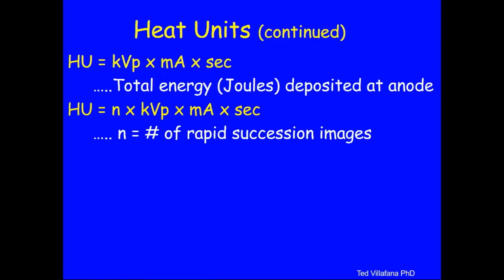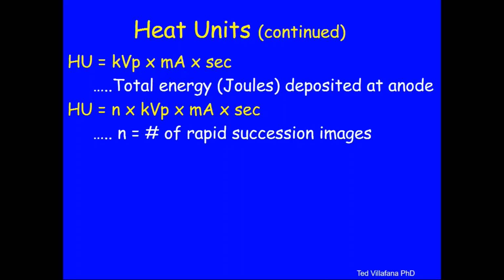Okay, and here's another variation on that same idea, and that is, what if I have a rapid serial acquisition of images, very common in interventional radiology, where you would set up an algorithm where you would take so many per second for so many seconds, followed by so many per second for another set of seconds. In other words, you're not just taking single exposures, you're taking rapid multiple exposures.